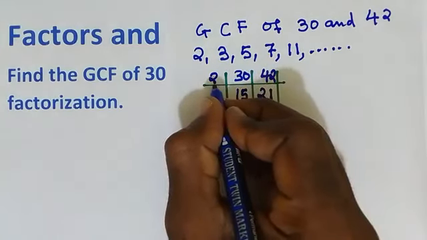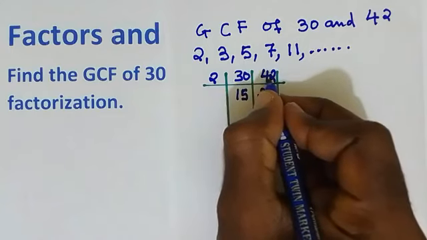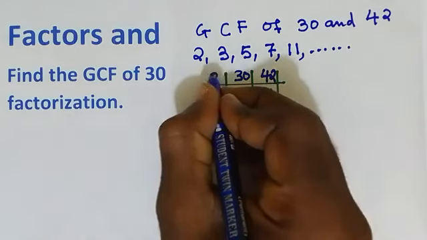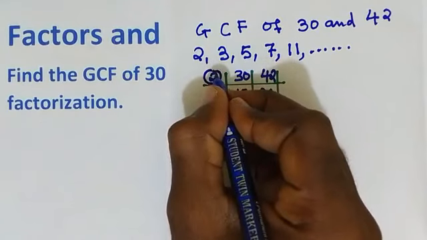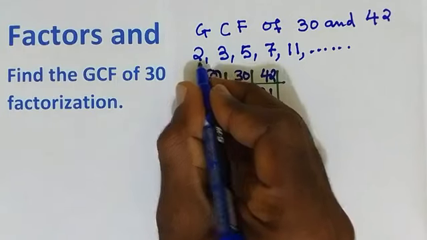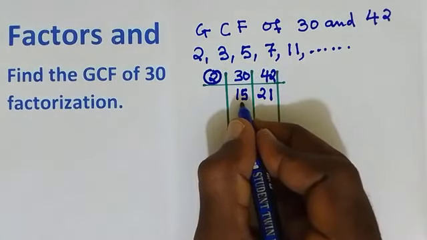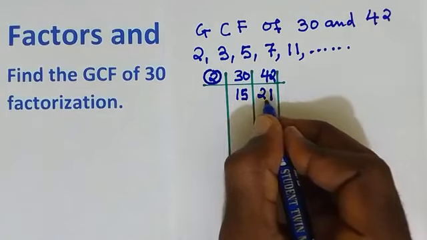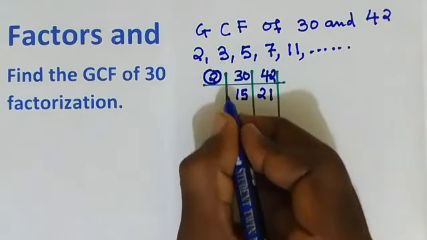Since 2 divides 30 and 42, it is common, so I choose it. Then, I can't divide again by 2 because 15 is an odd number and 21 is an odd number. I shift to 3.